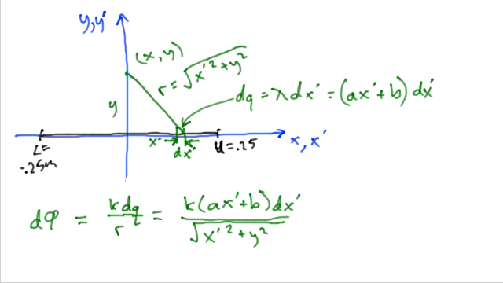And so then I can go ahead and integrate, put those on there in a different color so it's clear that I found d phi first. I want x prime to go from L up to U, so from minus 0.25 meters up to 0.25 meters.